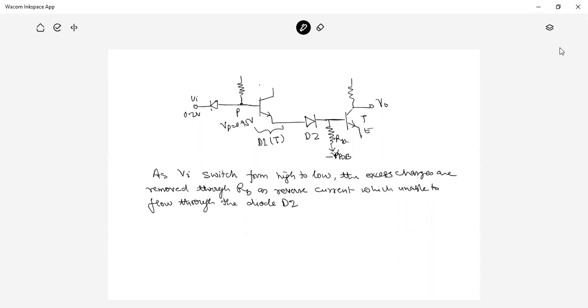Diode D2 means in this direction the current will not flow. So what happens? There is another path for the current to flow in the RB resistance.